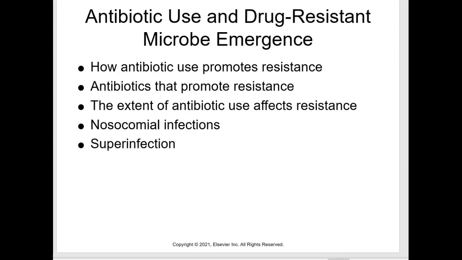Another factor is the dosage and duration of treatment. Success requires that an antibiotic be present at the site of the infection in an effective concentration for a sufficient amount of time, right? Because again, very few drugs are bactericidal. A lot of them are bacteriostatic, and we allow the host to work on it and get rid of the infection. So I need to keep the drug concentration at the maximum efficient level for a specific duration of time to allow the body time to get rid of it.